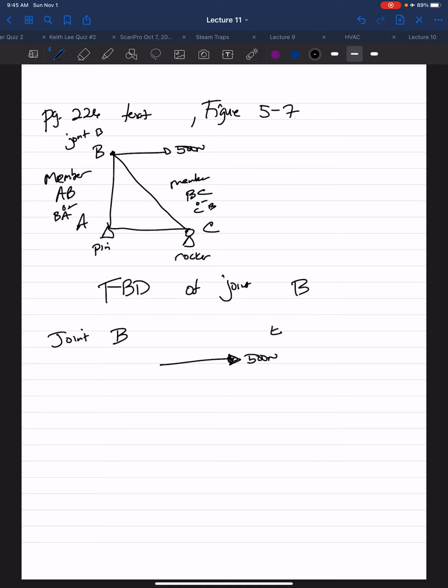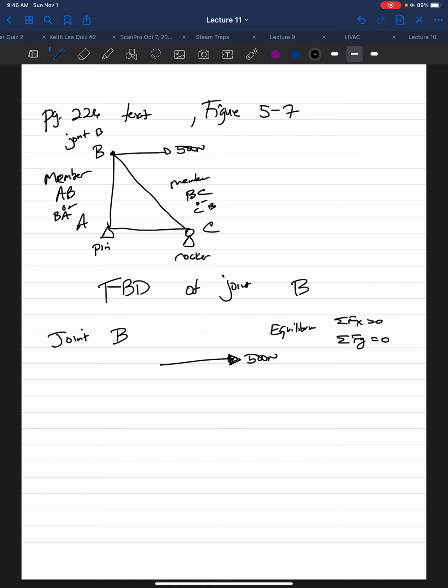For equilibrium, our forces in the x direction must balance out to 0, and our forces in the y direction must balance out to 0. With the given 500 newtons, how do we model the forces in members BC and AB?